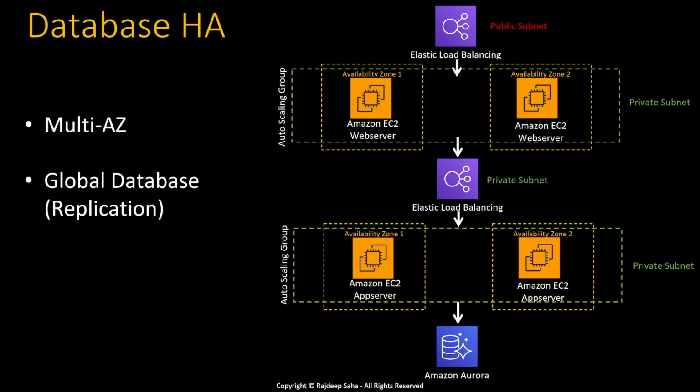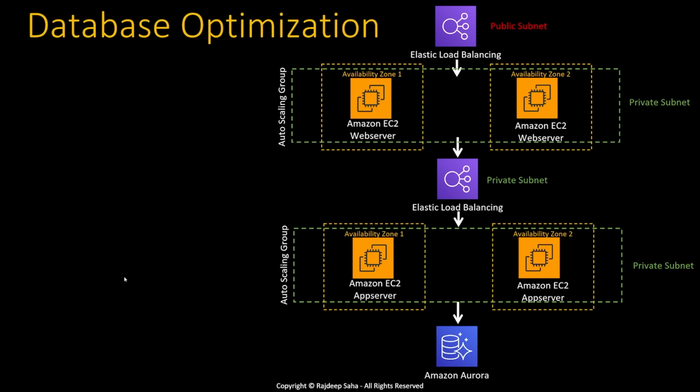This multi-AZ feature is within a single region. But if you want resiliency beyond a single region, you can use the global database feature, which replicates your database into another region. Keep in mind, these 2 features are true for DynamoDB as well, which is AWS's flagship NoSQL database.